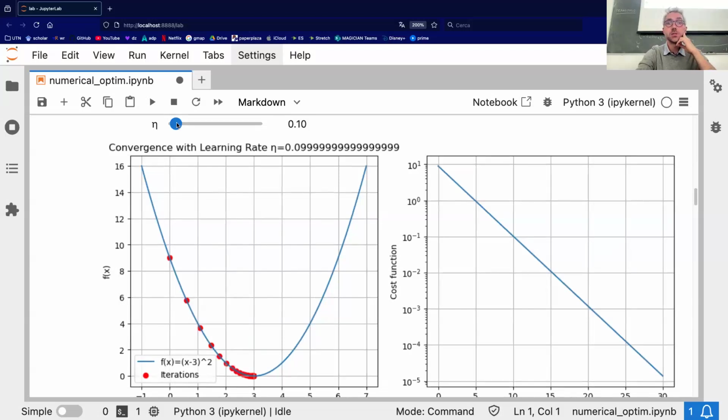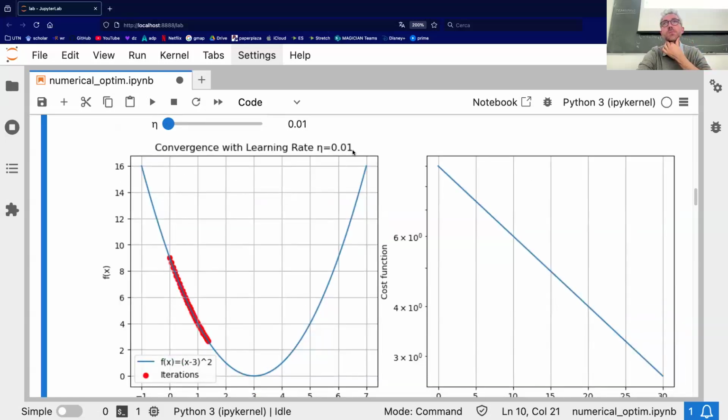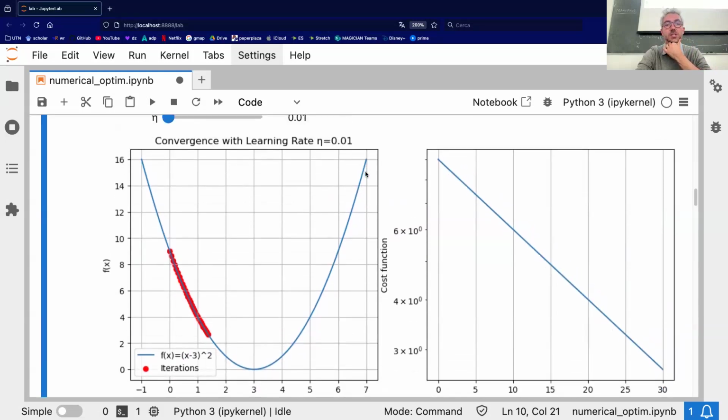We can change it. So what happens if we make the learning rate smaller? Let's say we make it 10 times smaller. It's 10 to the minus 2 now. It's still converging, it's just much slower. You can see that now in 30 iterations, we haven't reached the minimum at all.